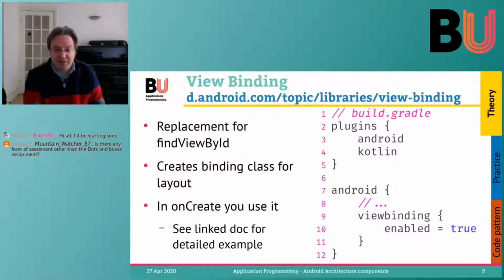What it does is it basically gets rid of findViewById. Rather, it creates a binding class that allows you to use your views in a type safe manner, by name rather than by code, using findViewById, which can also return null, etc. This does something similar to what the Kotlin Android extensions do, where the Kotlin Android extensions also create these synthetic properties.